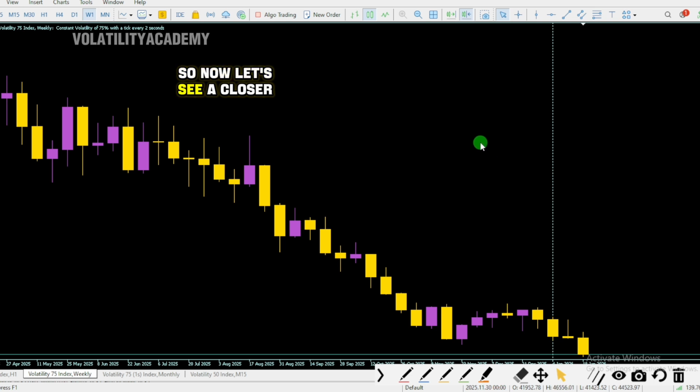So now let's take a closer look. Okay, can you see this set of candles right here? They were that single candle that we saw on the monthly time frame.